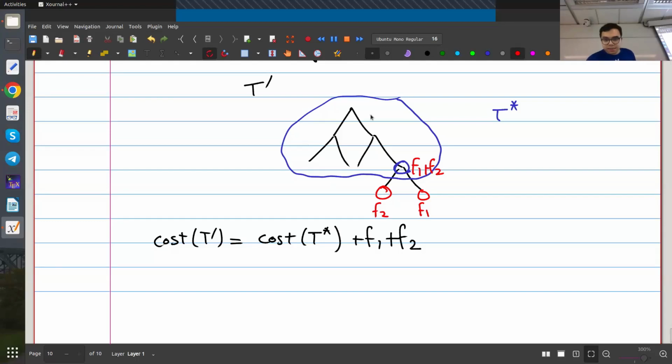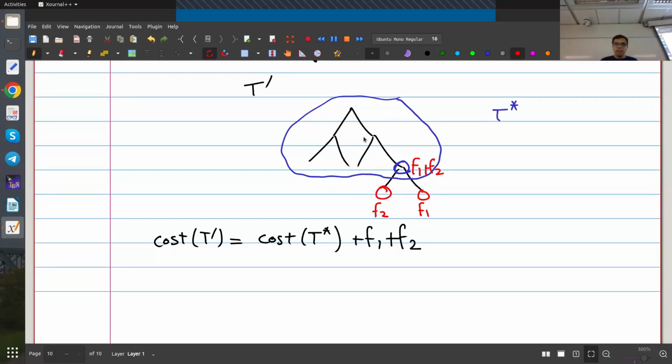So if I look at this smaller tree, this tree that doesn't have these two extra vertices, every edge in the smaller tree is going to be printed as many times as it's going to be printed in the larger tree. The only extra edges are these two edges. And this one is going to be printed F2 times, this one is going to be printed F1 times, right? So the cost of my big tree is just the cost of my small tree plus F1 plus F2.